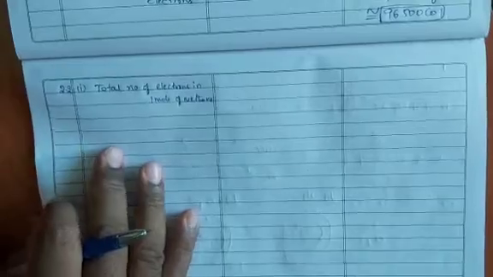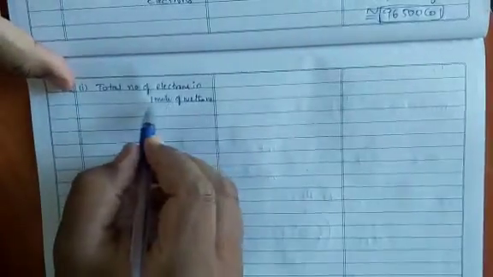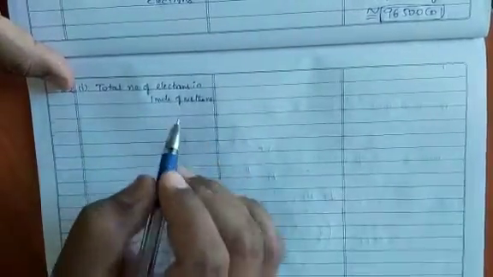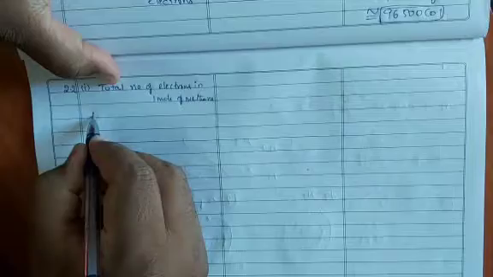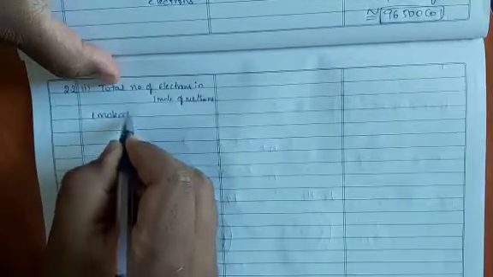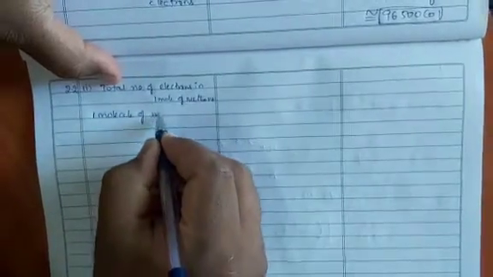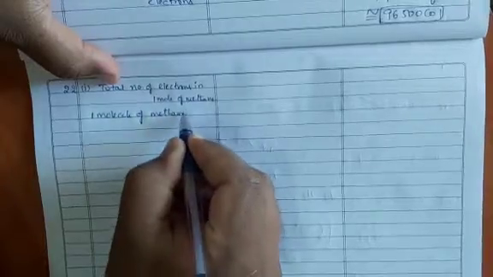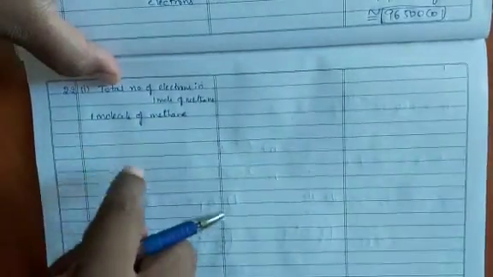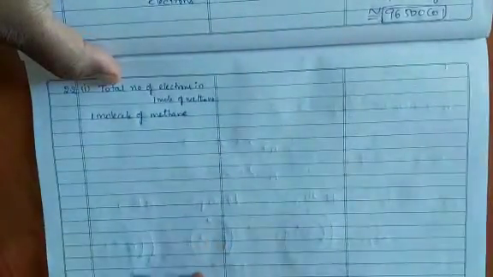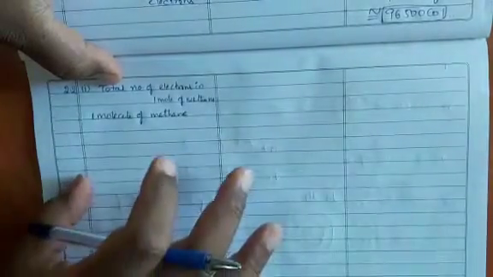Now what we have to do? Total number of electrons in 1 mole of methane we have to calculate. That is our question. Correct? Now let us see. I am taking 1 molecule of methane. For understanding this type of questions, you have to be very clear about the mole concept.